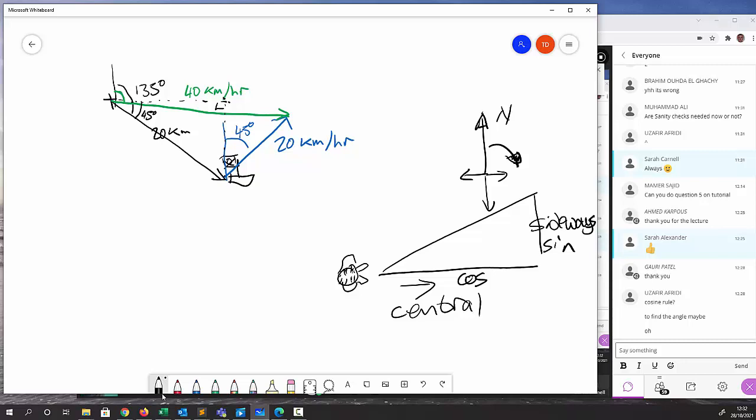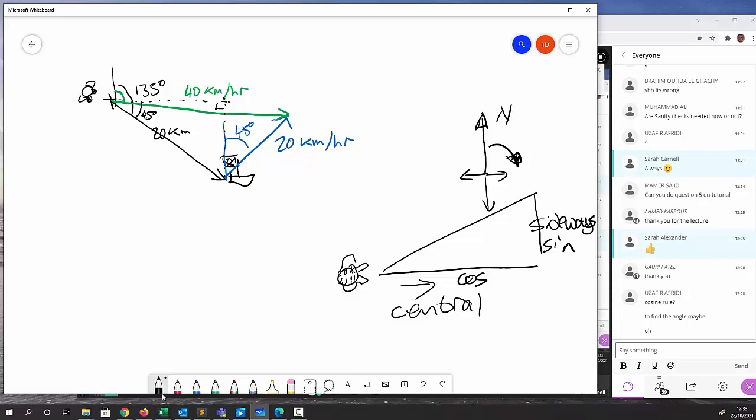Now, we've just shown that this angle down here is a right angle, which means that if I imagine myself standing here, head, shoulders, and feet, and I'm wearing black shoes, okay, this is the central direction, and this is the sideways direction. Do you see what I'm saying? The black line over the green line will be the cosine, but I don't know the black line, but I do know the blue line, and that's the sideways one.